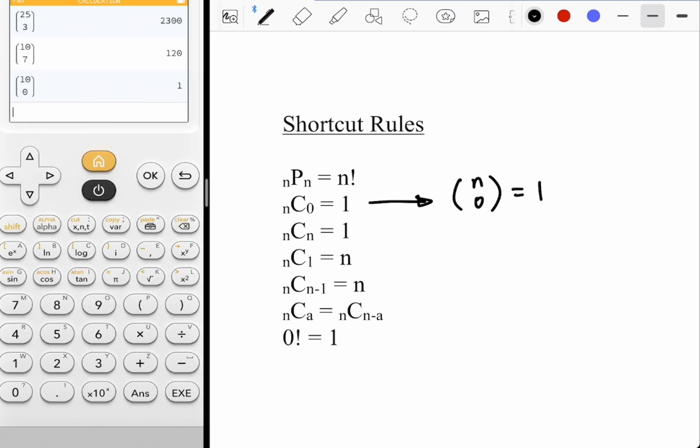All right? And you think about it, how can you have any possible outcomes if you were to say there are 10 people and I want them in groups of none? I could say, well, there's one way. That's the one group of none. But I could look at it this way. If I have 10 students and I want a group of none, that's going to be the same as 10 students in groups of 10.